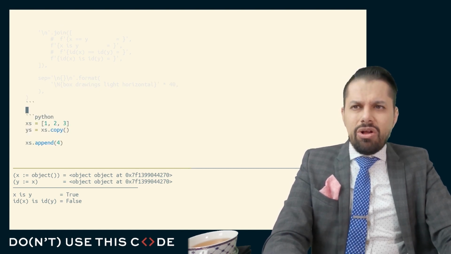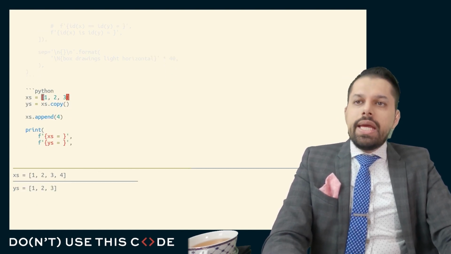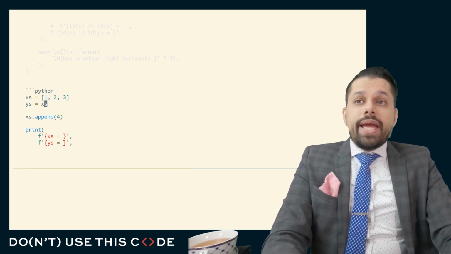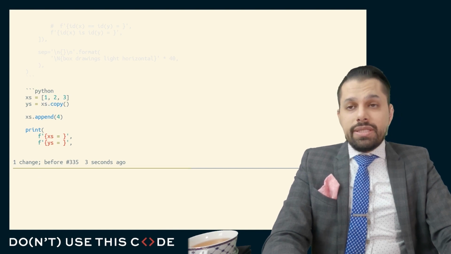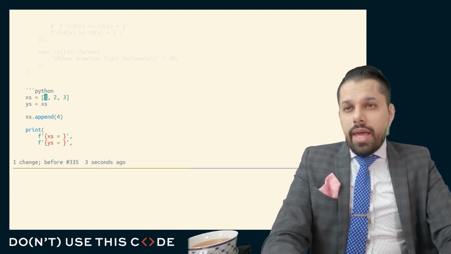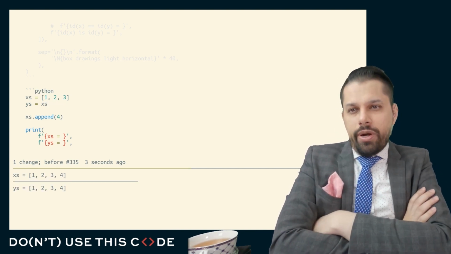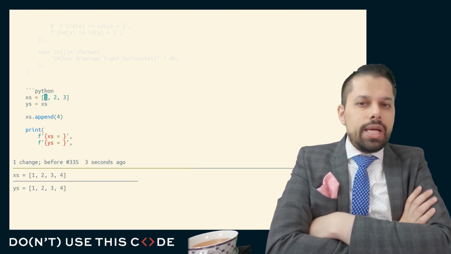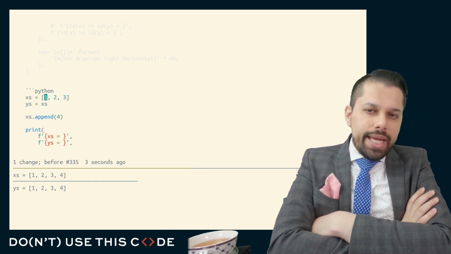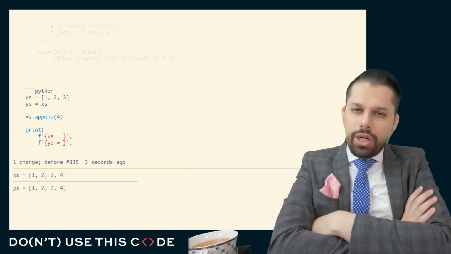Why does it matter? What does it all mean? Well, fundamentally, there's a difference between saying xs equals ys and ys equals xs dot copy. If we're talking about two variables, we're talking about two names, and those names refer to an underlying object. Do those names refer to the same underlying object or not?